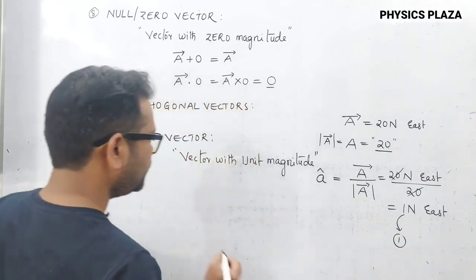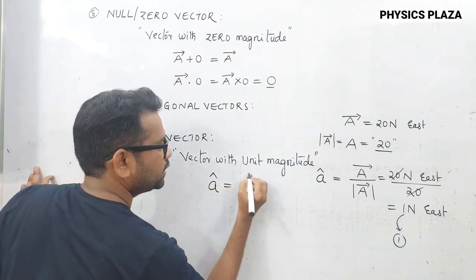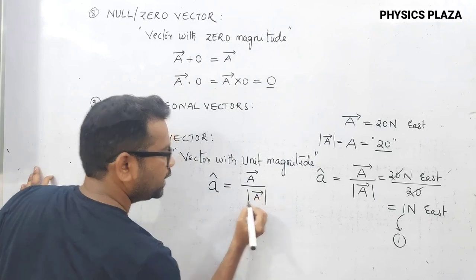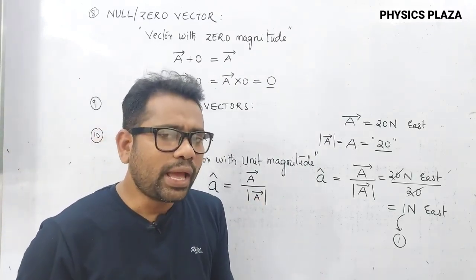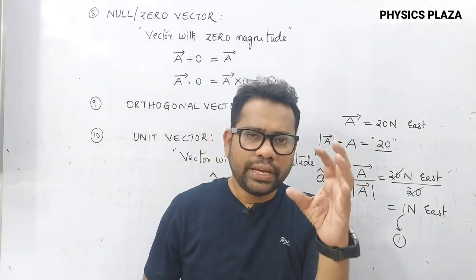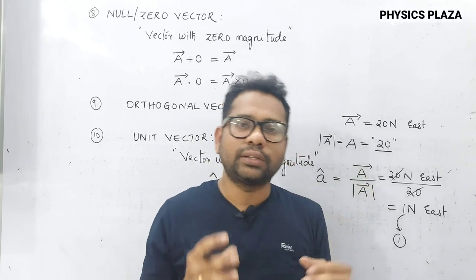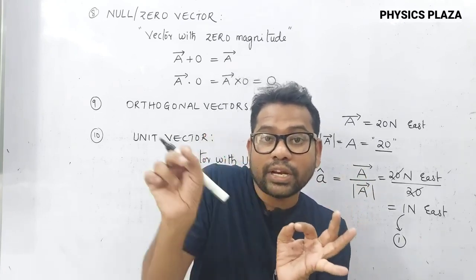So if any vector is divided by its own magnitude, we get its unit vector. Then if any number is multiplied with a particular unit vector, you will get that vector in the direction of the unit vector.